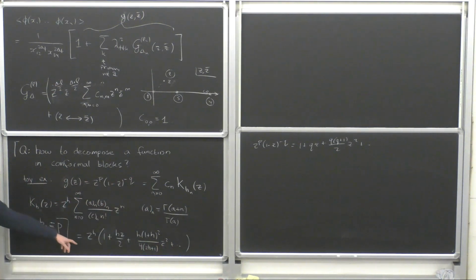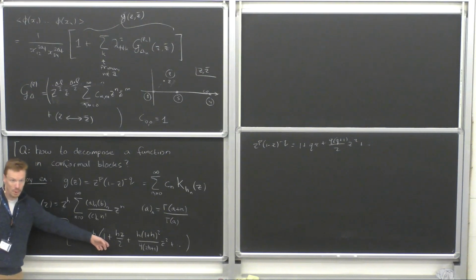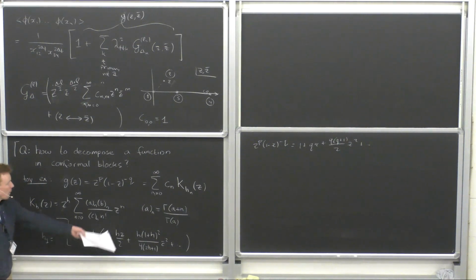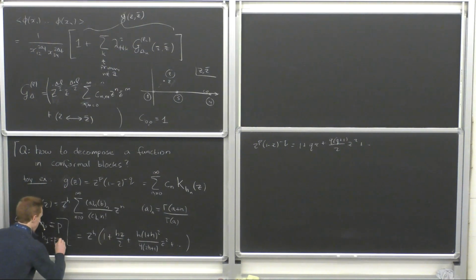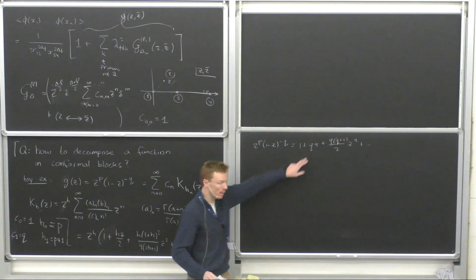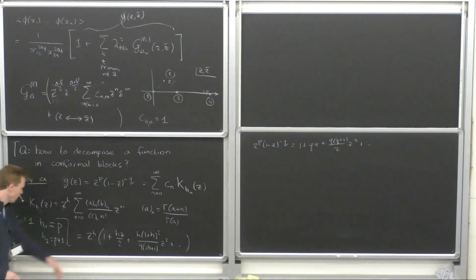And so you see that at order z to the p plus 1, you're going to get the contribution from your leading block and from the series expansion. So for the next one, you get h1 equals p plus 1, and its coefficient is q, since c1 is of course q, and then you have to subtract the contribution from your leading block, that would be p over 2, so minus p over 2. Right, and now we have matched the order z term, and so on and so on.